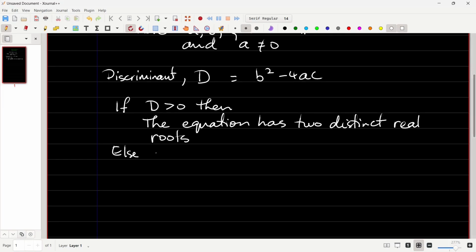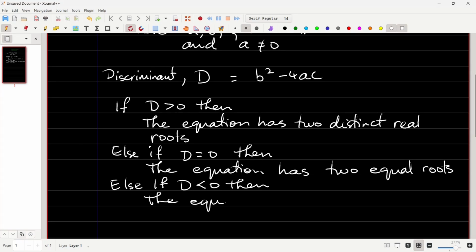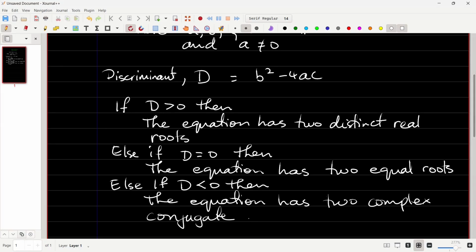Else, if d is equal to 0, then the equation has two equal roots. And then else, if d is less than 0, then the equation has two complex conjugate roots.